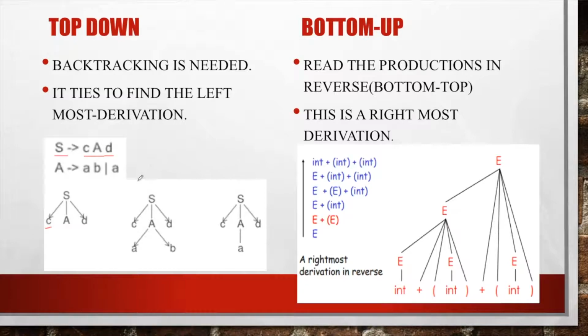So the top-down parser advances to the next input letter, which is letter A. It does not match the next input symbol, so the top-down parser backtracks to obtain the next production rule of A. So this is the backtracking.